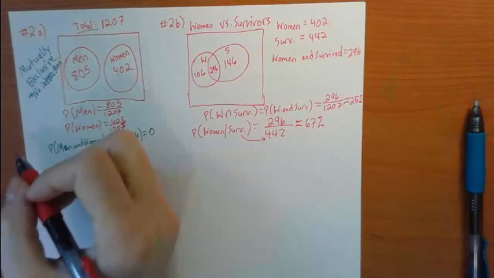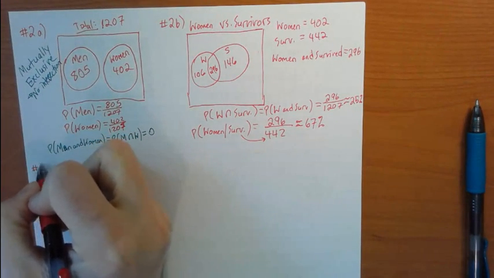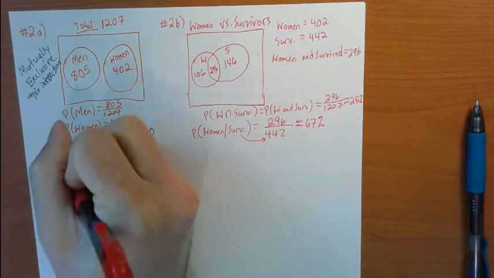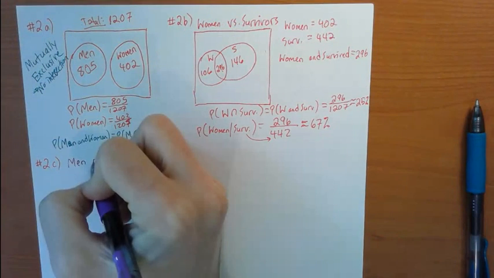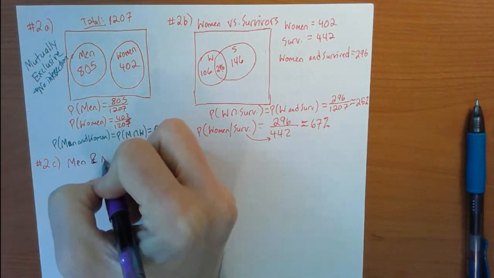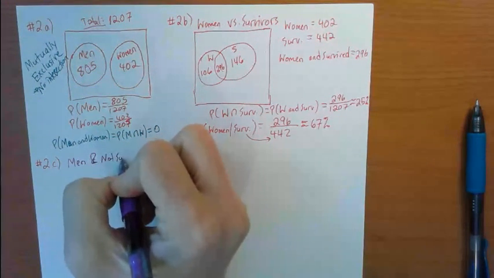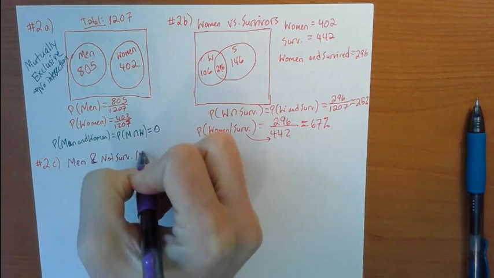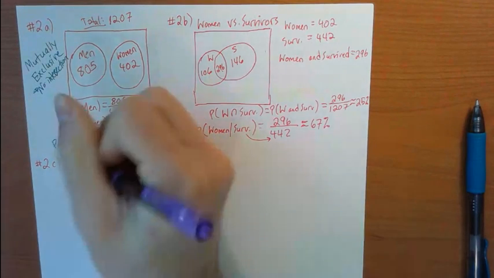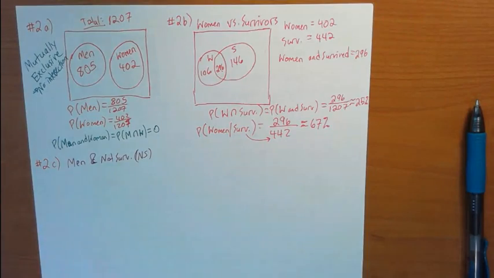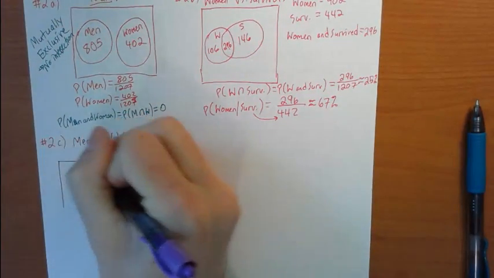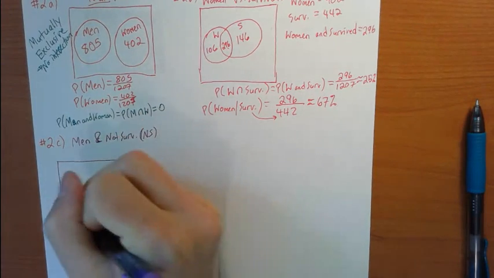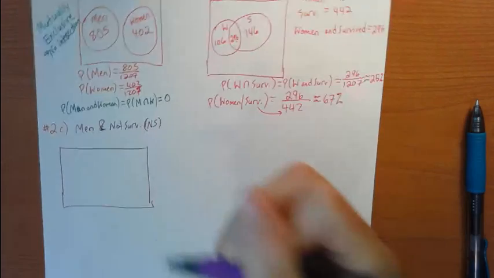So in part 2C, we want to make our own Venn diagram. So we're going to make one here, pick a different color. So we're going to do men versus not surviving, which we'll abbreviate as NS just to make things easier. And we'll do an M for men. So we can draw our box.